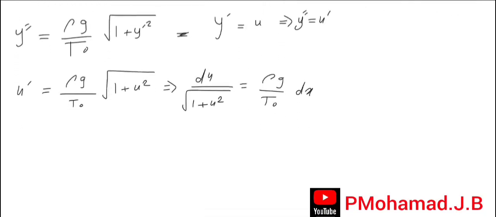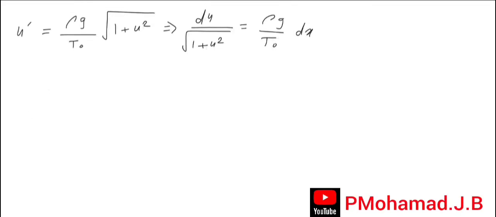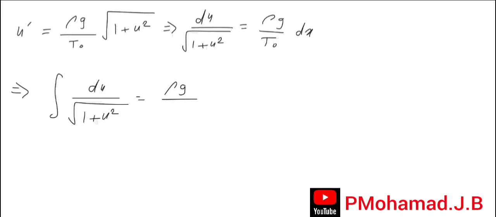And now we can integrate both sides. So the integral of du divided by radical 1 plus u squared is equal to rho g divided by T0 x plus some constant that I don't write now because we have another integral yet.